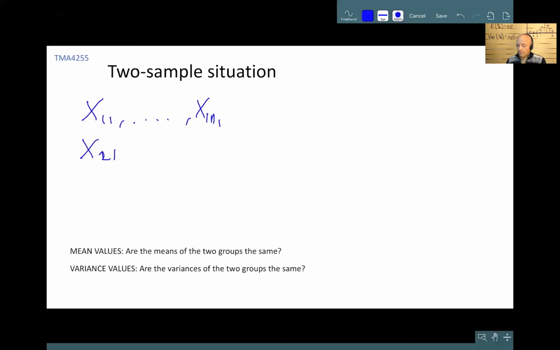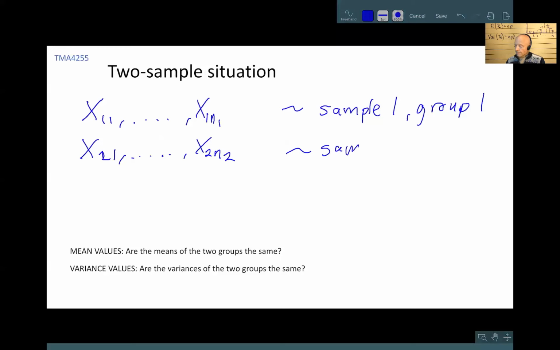So that's the first man measured. And then it continues up to man number n2. So this will be my sample 1 or the group 1 samples, and this will be my sample 2 or the group 2 samples.